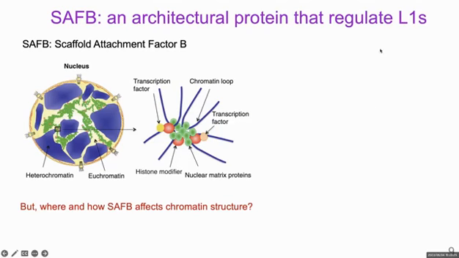SAFB protein is an architectural protein, an RNA binding protein that was identified in the 1990s. SAFB was identified to be related with the nuclear matrix that has been known to influence structure. But where SAFB binds the genome and how SAFB affects chromatin structure are not clear.